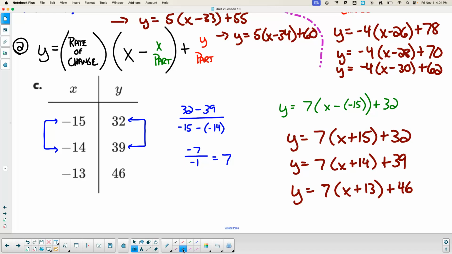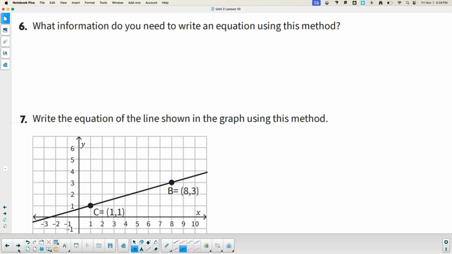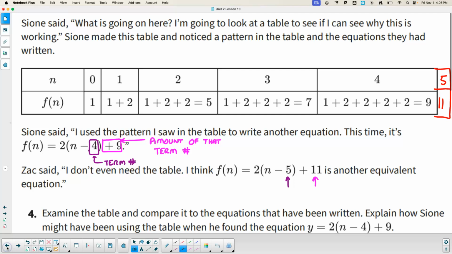Love it. What information do we need to write an equation using this method? Well, what we need is we need to have the rate of change, which we just found. You probably didn't realize it, but when we subtract the y's over subtract the x's, I jumped back a page here now.